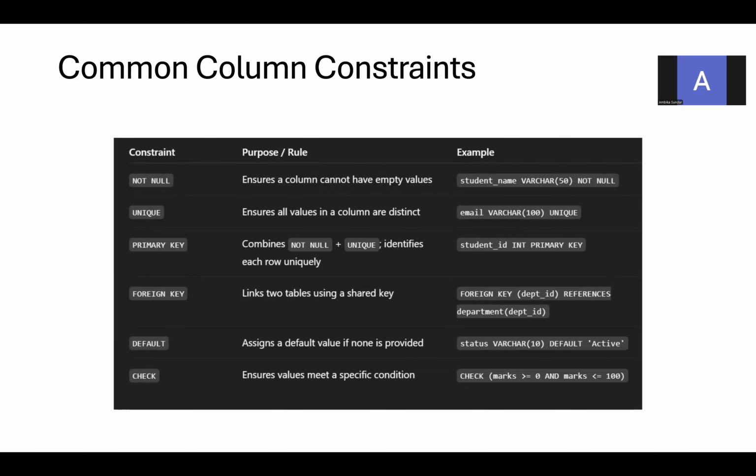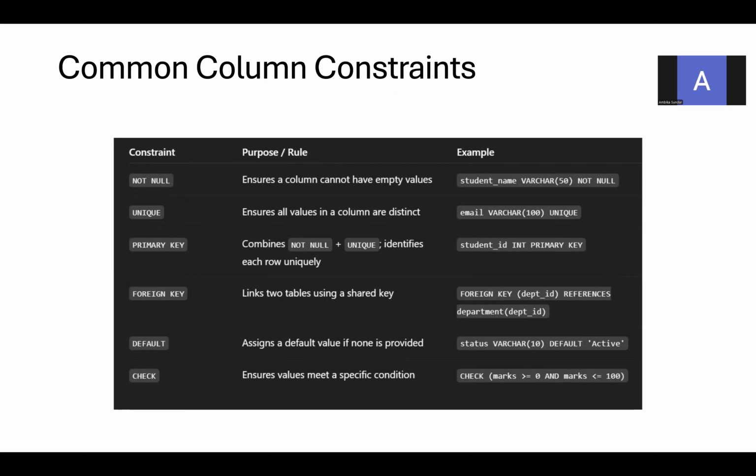Common column constraints. Common column constraints are not null, unique, primary key, foreign key, default, and check. With not null, you ensure that the column cannot have empty values. Student name varchar of 50 not null means this student name column cannot have null values in its rows.